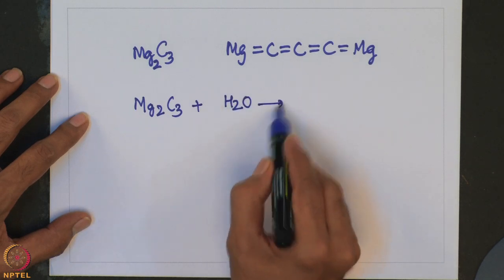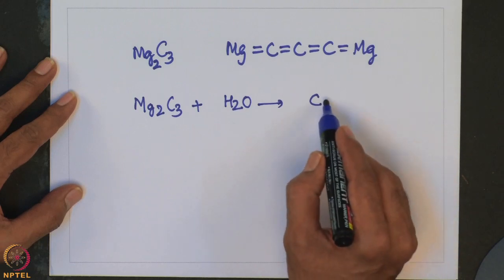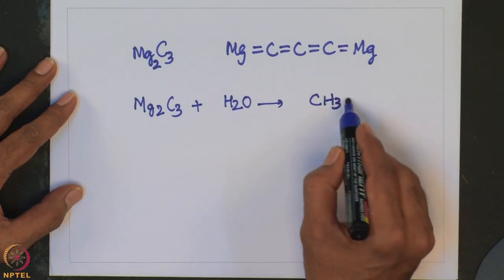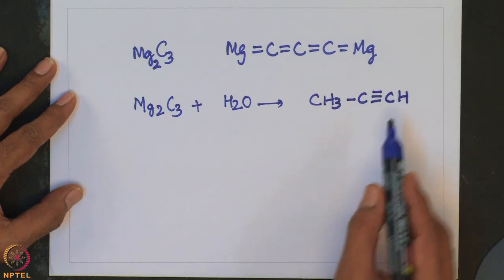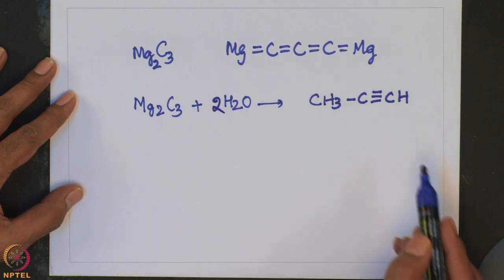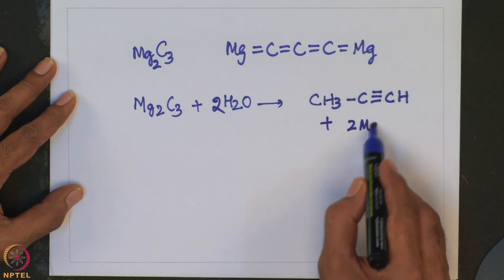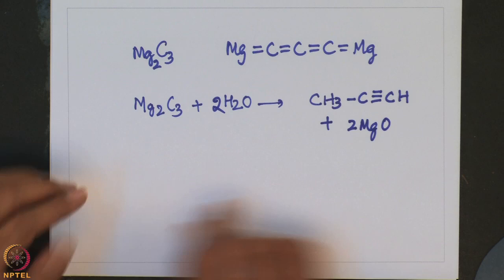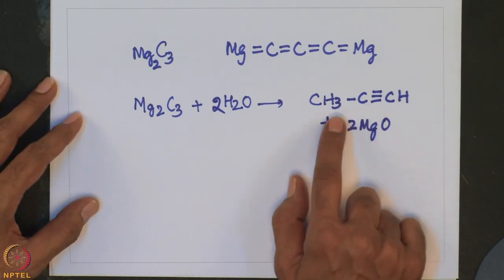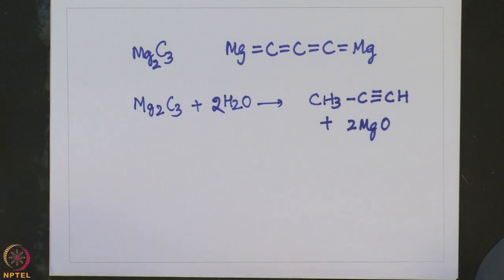When water is added, here one can get a compound like CH3 C triple bond C H. So, this is taken care with 2 equivalents of water, plus 2 MgO. So this is the answer for this one. So that what we get is propyne. Answer is propyne.